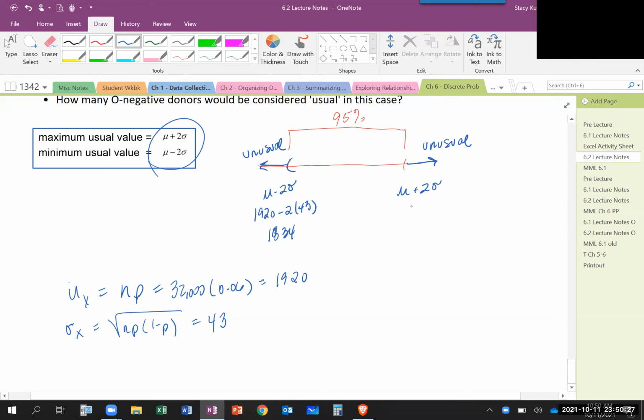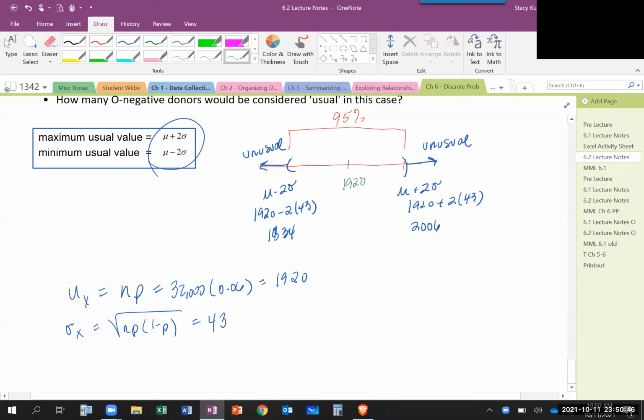What do we get for mu plus 2 standard deviations? 2006. In the middle is our 1920.